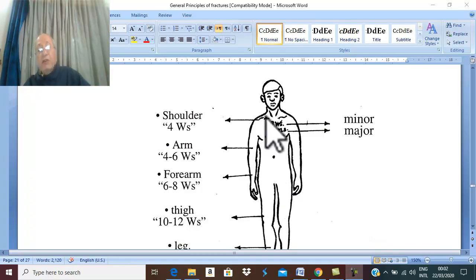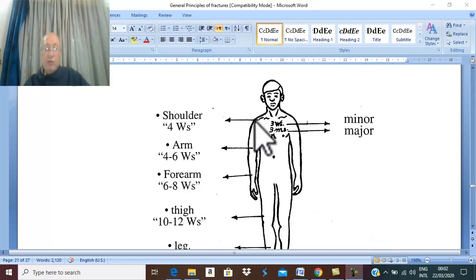Therefore, a minor fracture in the middle line or in the trunk is fixed for 3 weeks. Major fractures, which are the 3 major fractures, pelvis, spine, and femur, are fixed for 3 months.